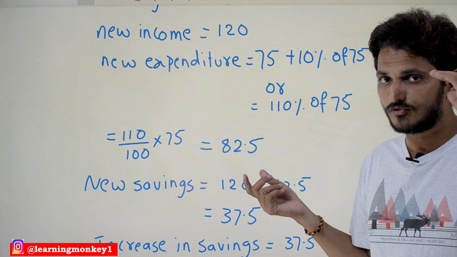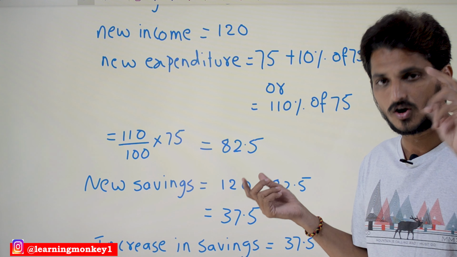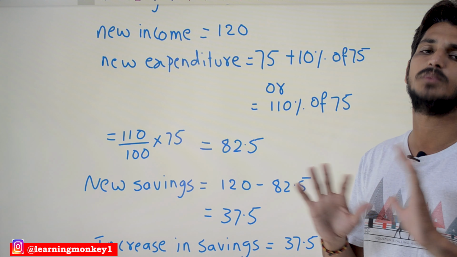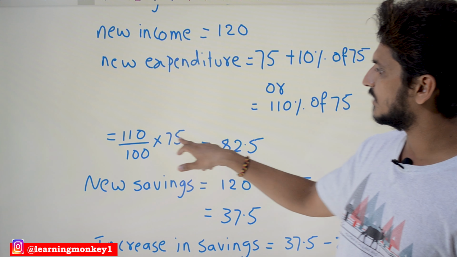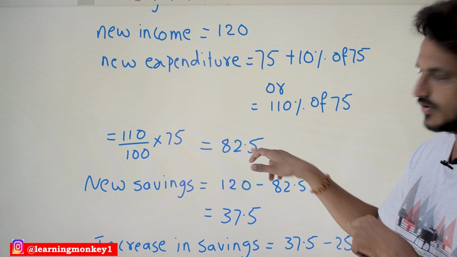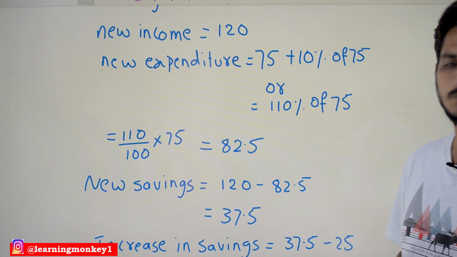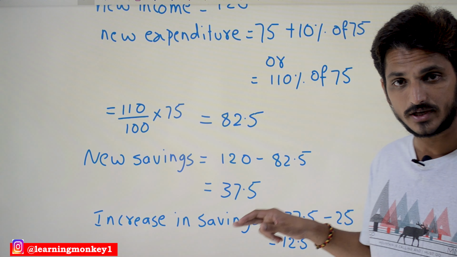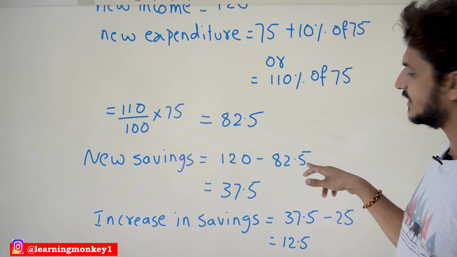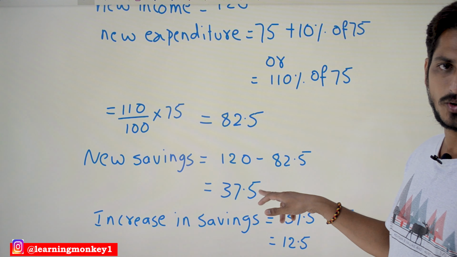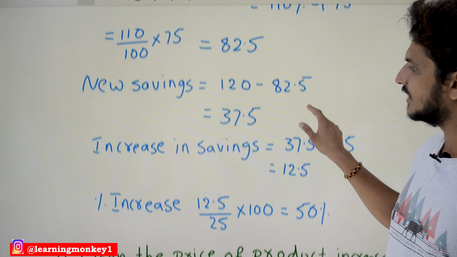If you get the formulas and concept, it's very easy. Percentages are very easy. 110% of 75, 110 by 100 multiplied by 75, new expenditure is equal to 82.5. So whenever you got the new expenditure, you can identify the new savings. 120 minus 82.5, which is 37.5. This is the new savings.